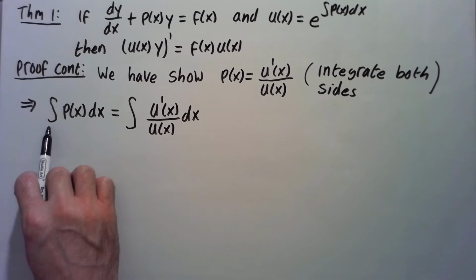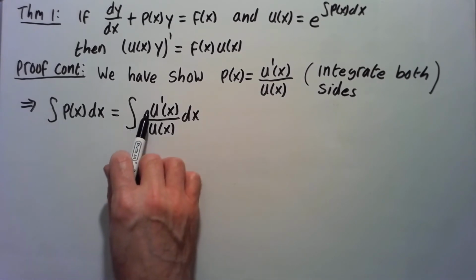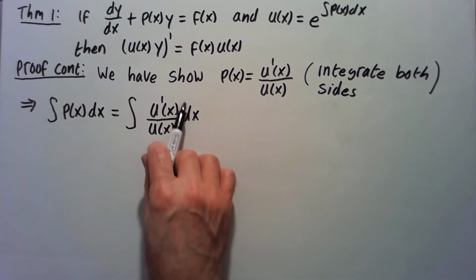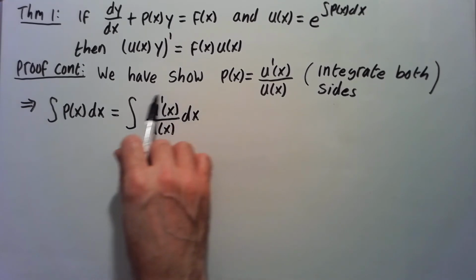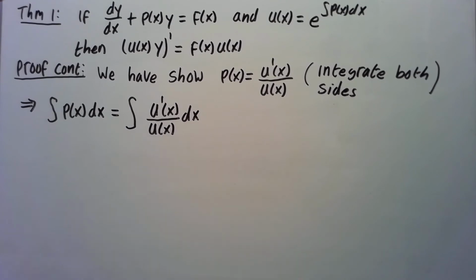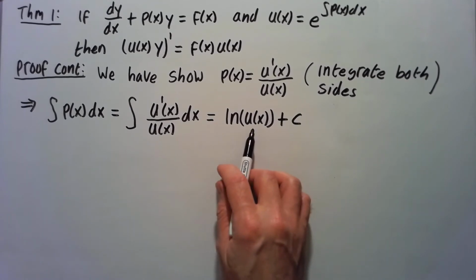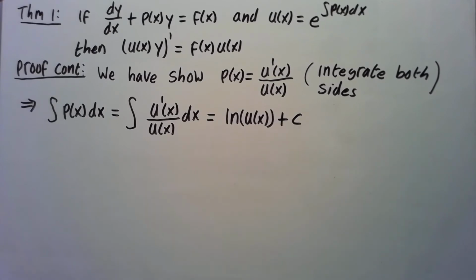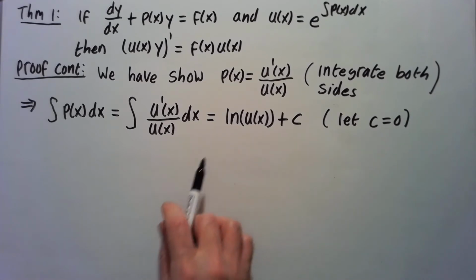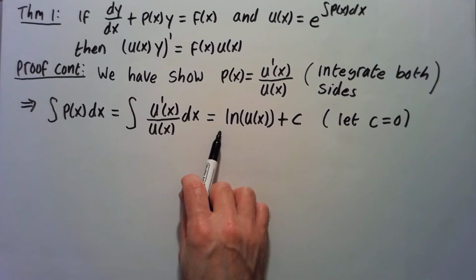So integrating both sides, we'll have the integral of p of x dx equals the integral of u prime over u dx. But this guy over here, since it's the derivative over the function, is going to end up being an ln. So let me write that. It'll be ln of u of x plus c. Let's choose c to be 0. Then I want to get rid of the ln, so I'm going to exponentiate both sides with base e.